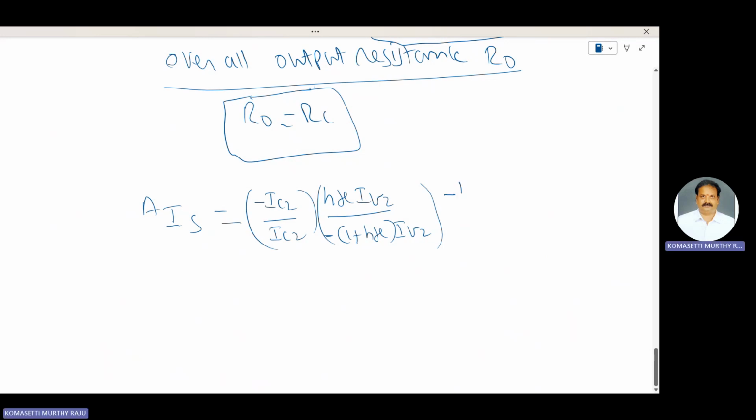IC2 is minus IE2 by IE2, that is minus 1. IC1 is equal to HFE IB1 by IB1. Last one is RB by RB plus HI.